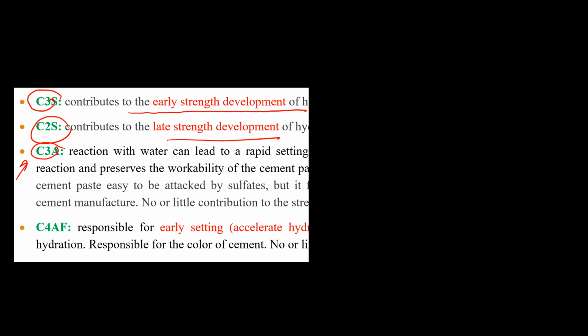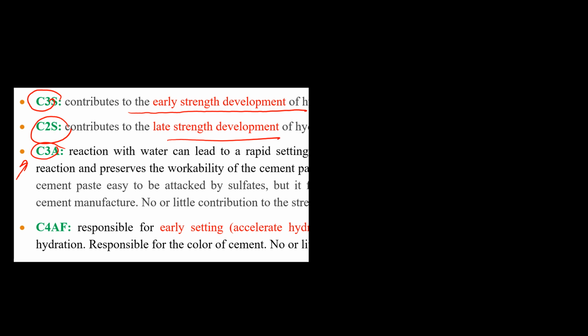We can manage this situation by selecting a cement with less C3A and also having some admixture to manage this situation, or else again, what else? We can have air entrained concrete to manage this situation. I will talk about the air entrainment later on.